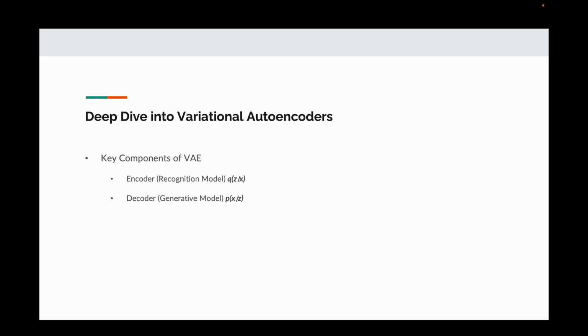The decoder, the generative model P(x|z), reconstructs data X from a sampled Z. This network aims to maximize the likelihood of generating data points similar to the input data. Unlike standard autoencoders, which encode data directly into a fixed latent space, VAEs map input data into a distribution from which samples are drawn.